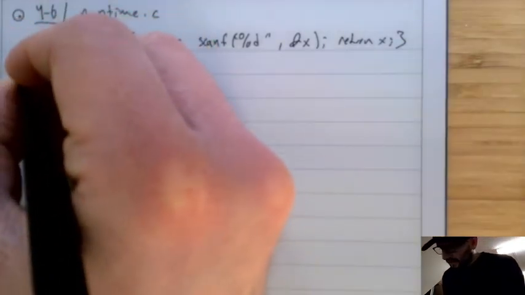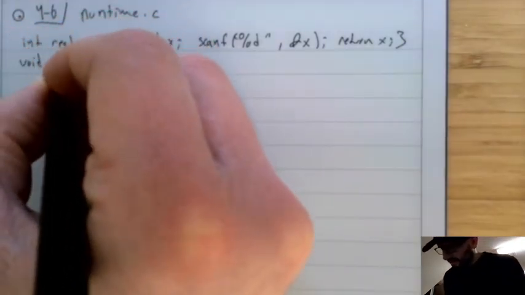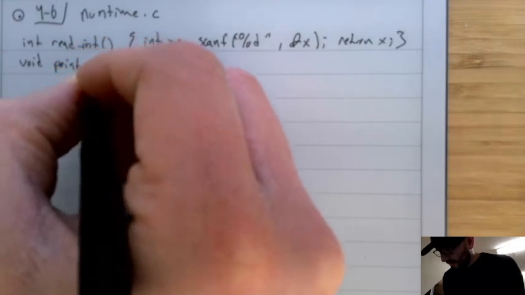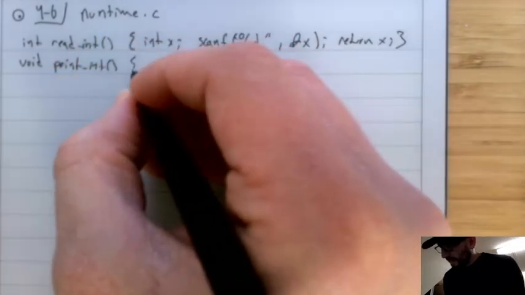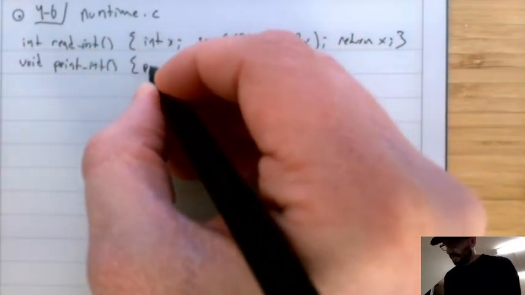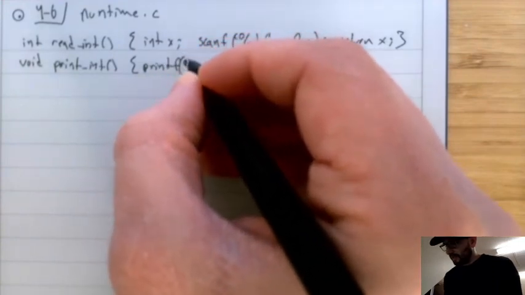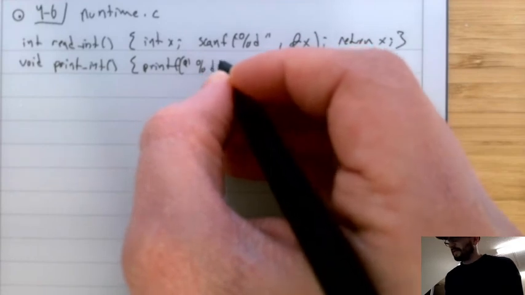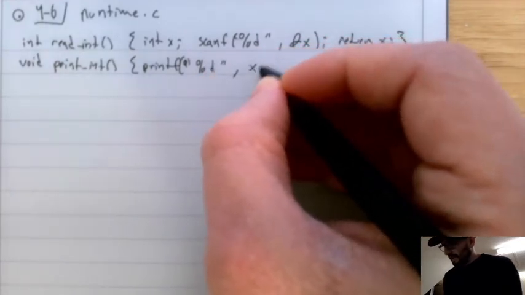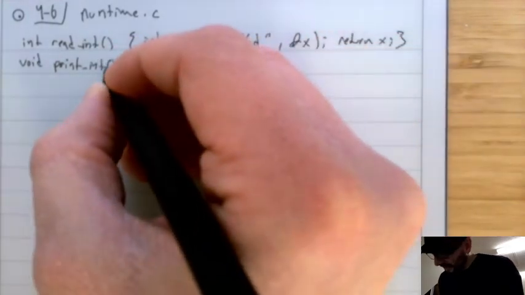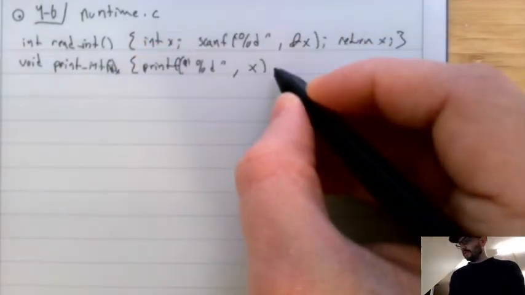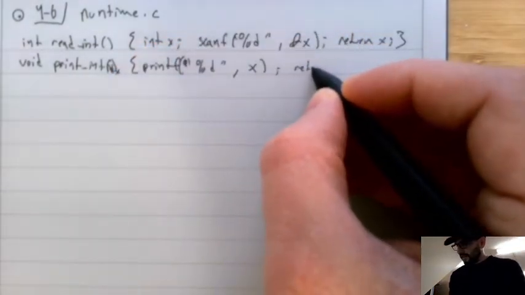Then we'll have another function called printInt, with an argument int x. It's going to call printf with %d and print out whatever x is, and then it'll return 0.